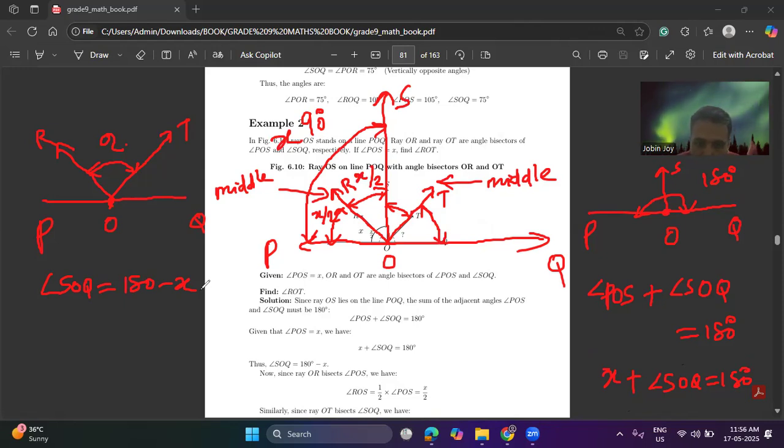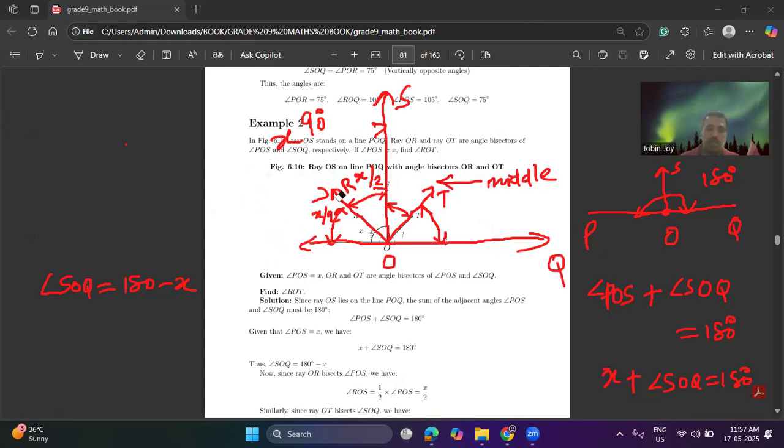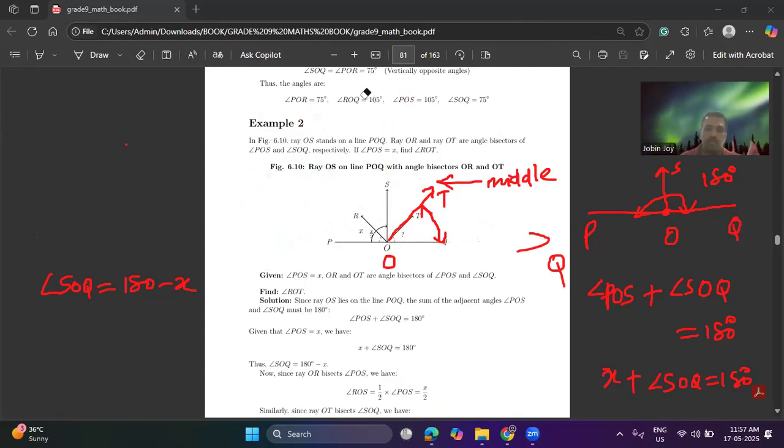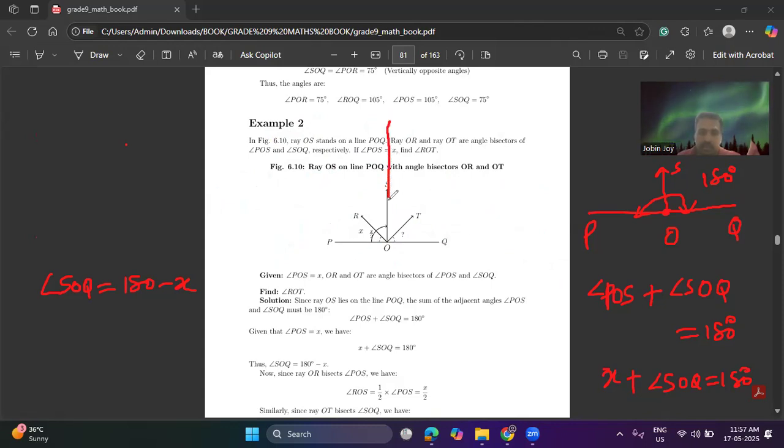Then next I'm taking OR. So I got the value: angle SOQ is equal to 180 minus X. Next I am considering this OS.